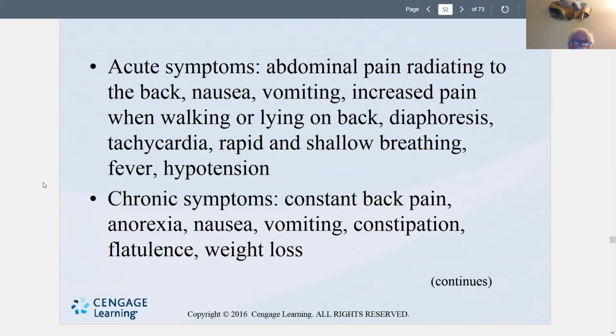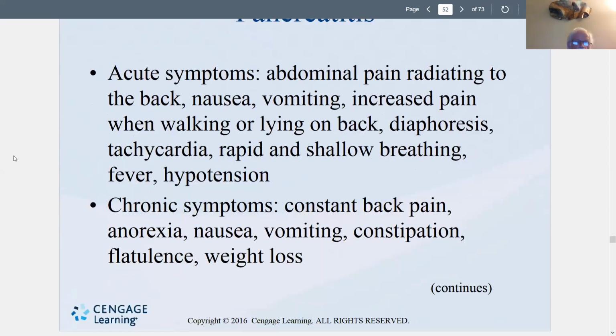The acute symptoms are abdominal pain radiating to the back, nausea, vomiting, pain when walking or lying, sweating, fast heartbeat, rapid and shallow breathing, fever, and low blood pressure. These are the acute symptoms. Chronic symptoms: constant back pain, anorexia, nausea, vomiting, constipation, flatulence, and weight loss.